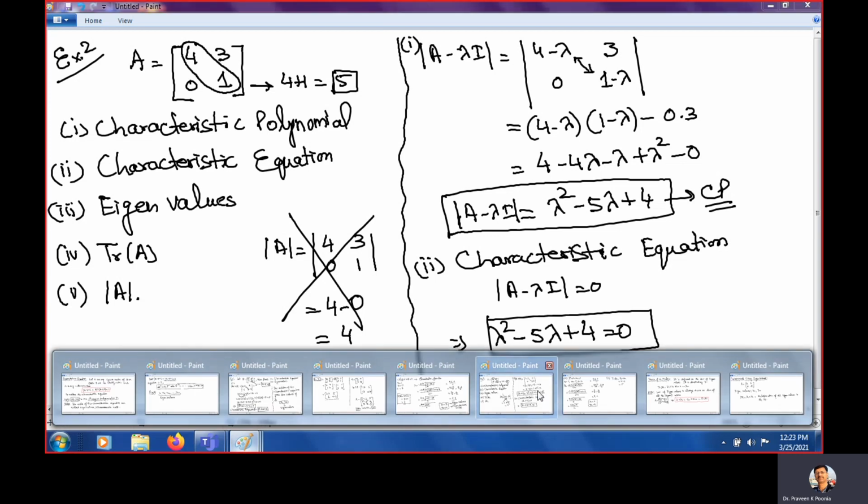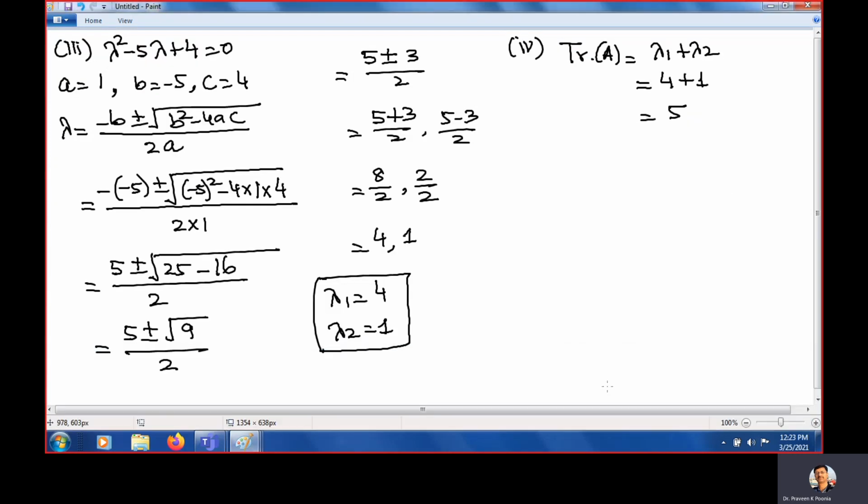But dear friends, in this question, you know the eigenvalues. So point number 5 is the determinant of A. And the determinant of A is the multiplication of eigenvalues. It is 4 into 1, because the first value is 4, the second is 1. So the value of the determinant is 4 here.